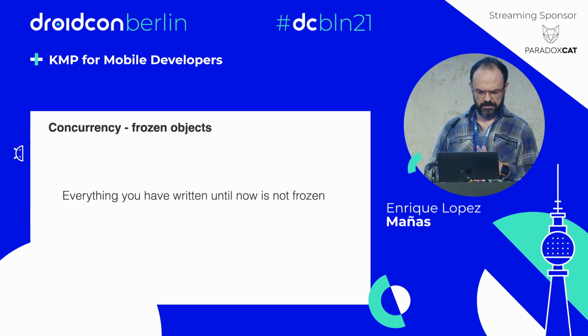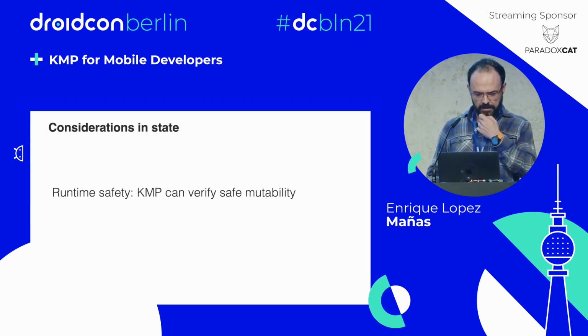If you think about it, I don't think that's a concept that exists anywhere. If you are asking yourself, did I ever freeze an object or do something similar in any other technology? I think probably not. That's, in my opinion, quite new. And as mentioned before, KMP can also verify the same mutability.